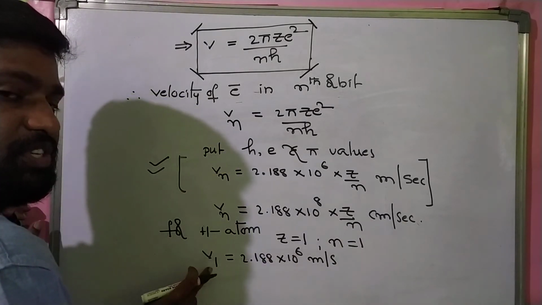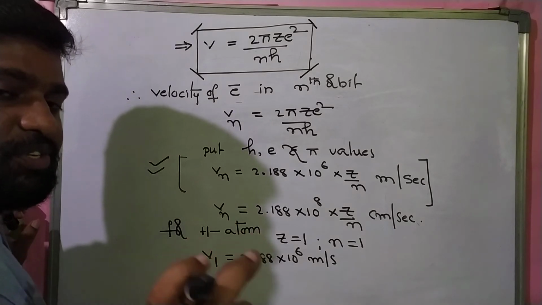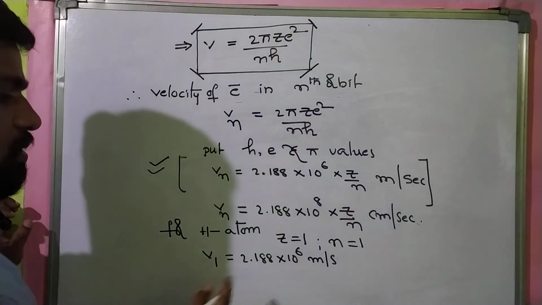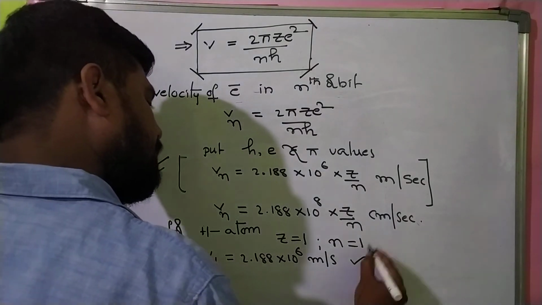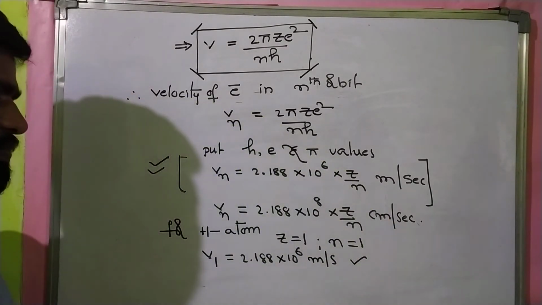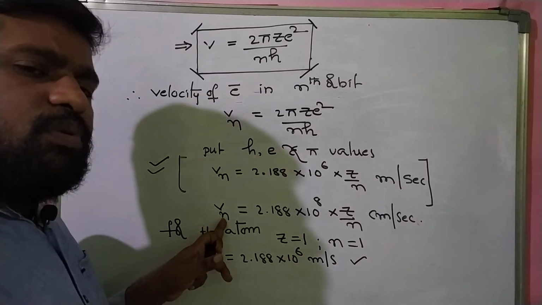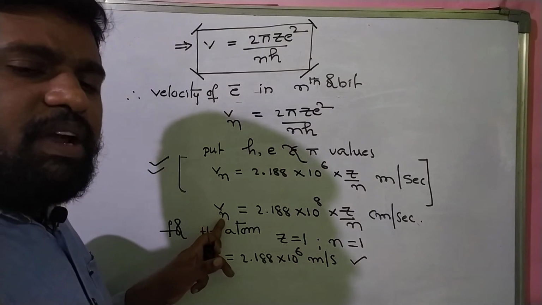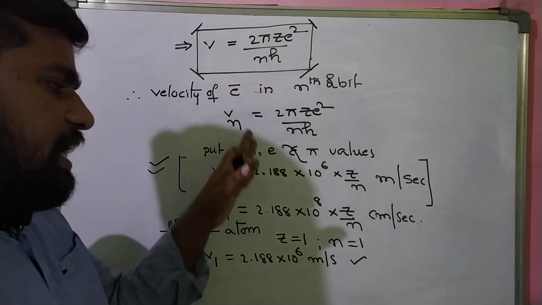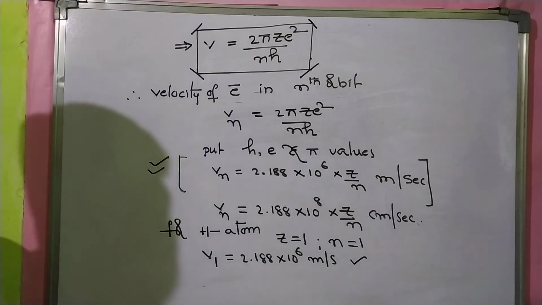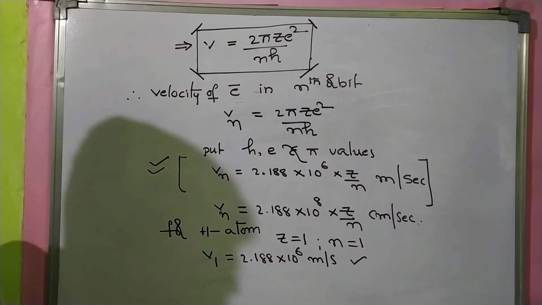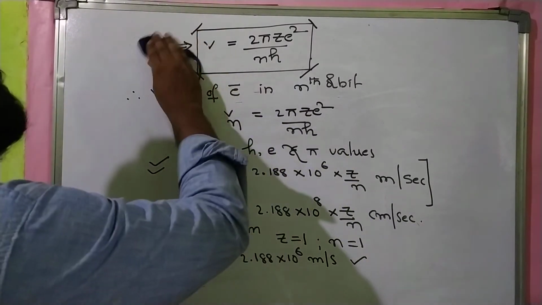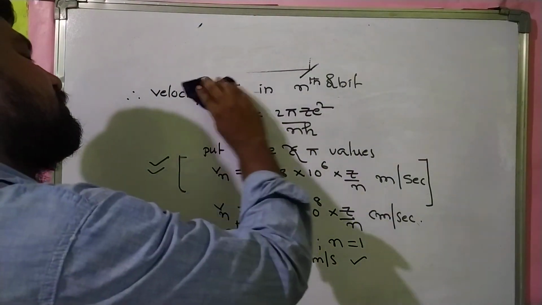It is the velocity of electron in the first orbit of the hydrogen atom. You can easily calculate the velocity: n equal to 2 gives the velocity in the second orbit, n equal to 3 in the third orbit. This is very, very important for JEE and NEET, and for every competitive examination.